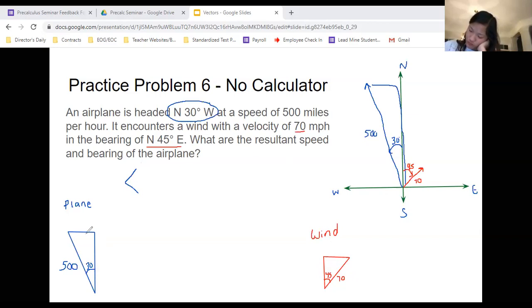So for the plane, we'll solve for our x component first. And so for this, we'll set up sine of 30 equals opposite, which is my x component, over my hypotenuse, 500.